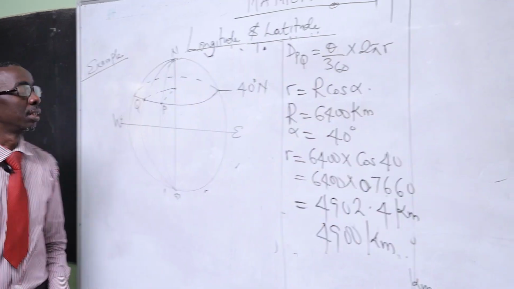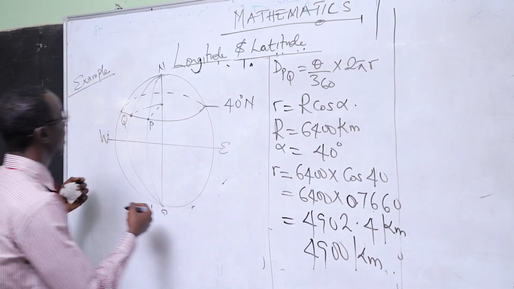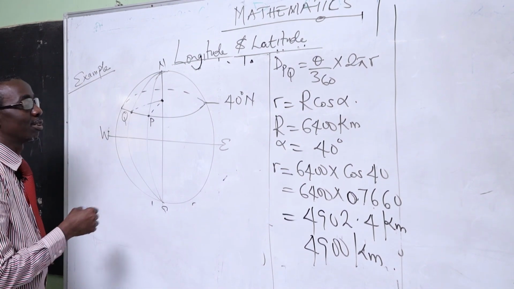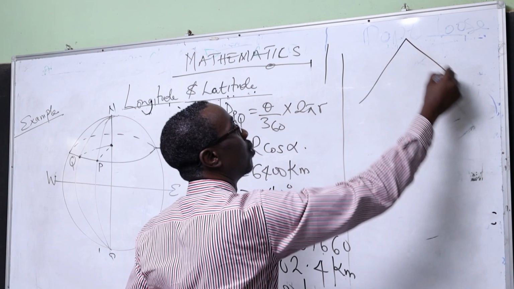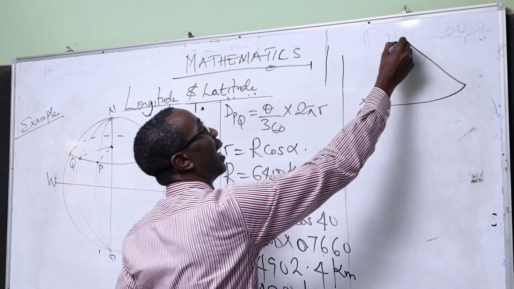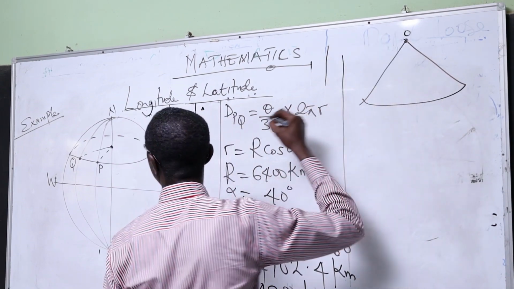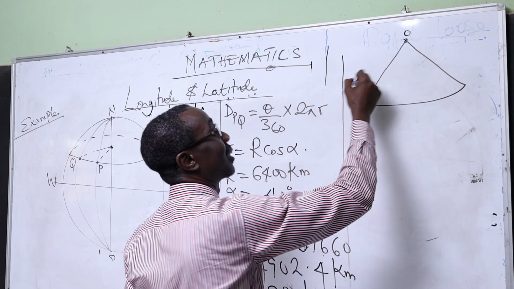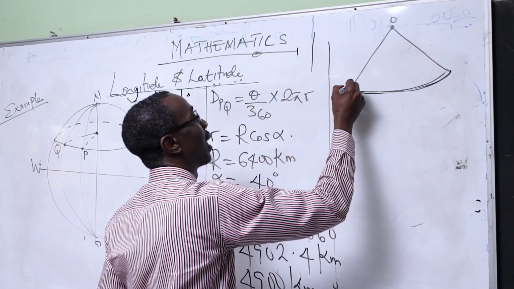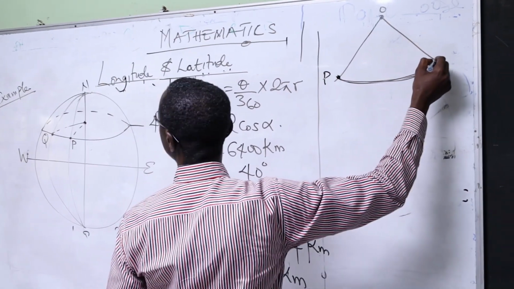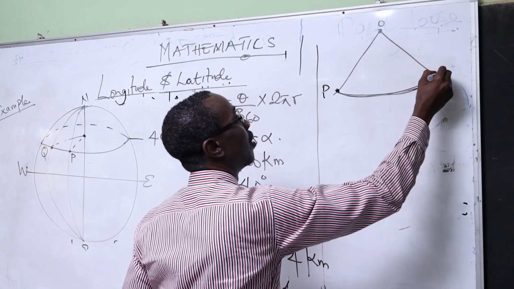Length of minor arc. That's what I want to stress now. Of course, the principle we are looking at has been done under length of arc and under circle, where you have length of arc, where you have chord. You can still remember? Yes, okay, this is now asking us to find the length of arc PQ.